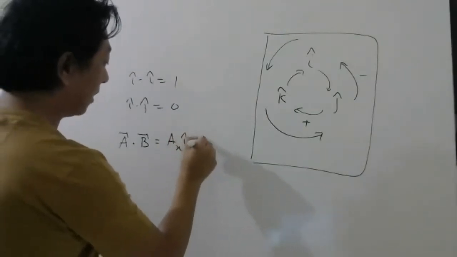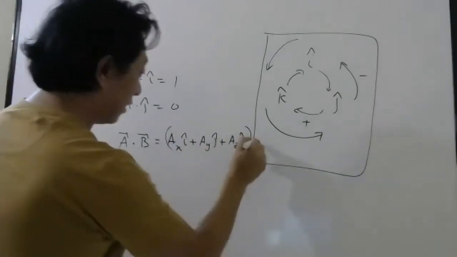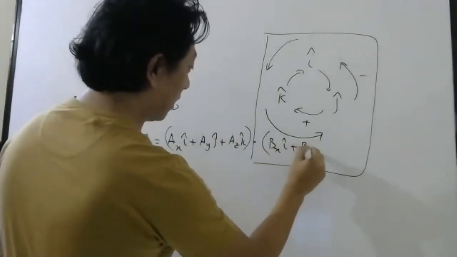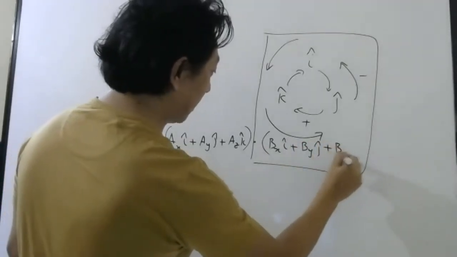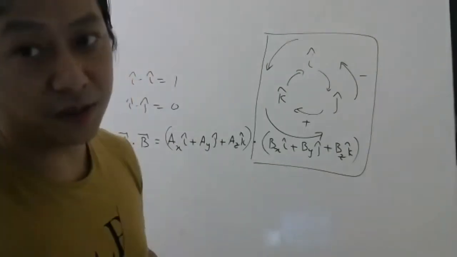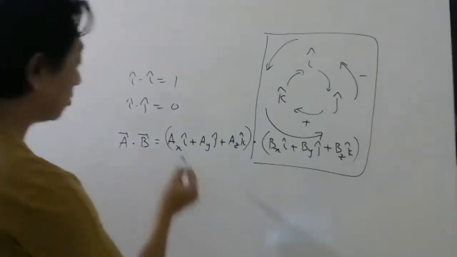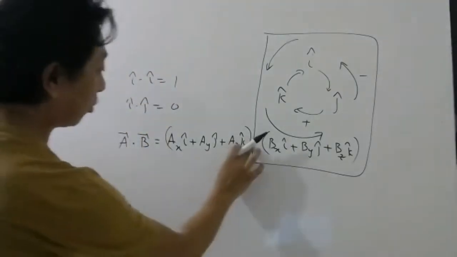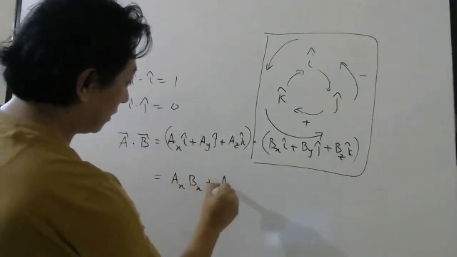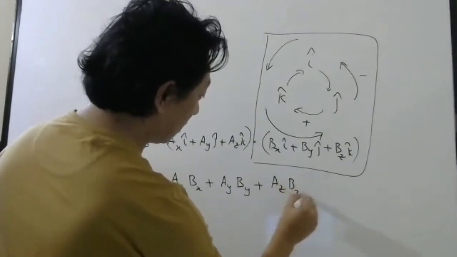AX I cap plus AY J cap plus AZ K cap, then dot bx I cap plus by j cap plus bz k cap. Then when you take dot product, actually 9 terms will be there, but out of 9 terms, I told 6 terms will be 0. So I cap dot j cap was 0. So the final answer, if you remember, was this. Yesterday only we did. So this was the final answer.